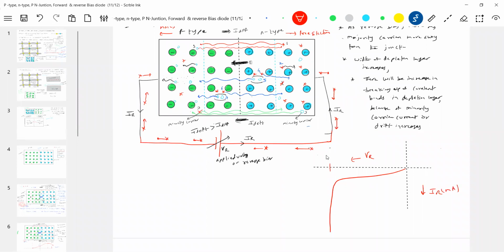This will be in milli or microampere. For the time being, let me write only IR. So the two parts of the graph you have to put now. Till here is one. Afterwards, a sudden large change in the current. This I'll call the breakdown voltage. This is called the reverse saturation current. Till here, we'll call this I saturation.